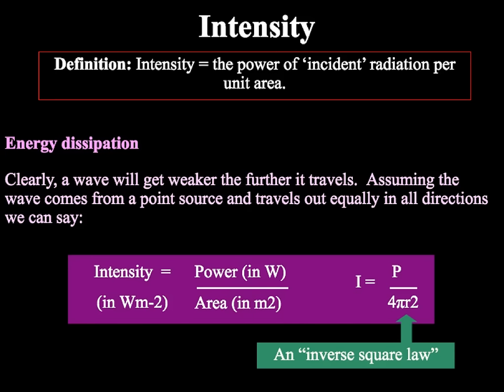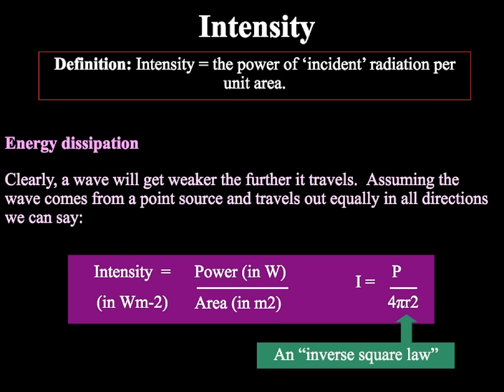In order to look at how to calculate intensity, it is important to note that intensity is the power of incident radiation per unit area. As we have looked at, the energy dissipates, so a wave gets weaker the further it travels, assuming the wave comes from a source and travels out equally in all directions. We can use the equation on the screen.